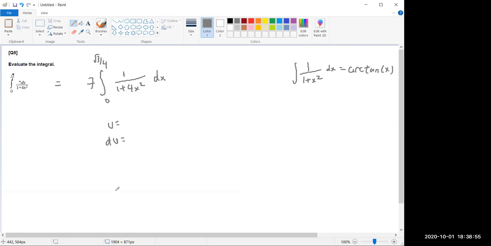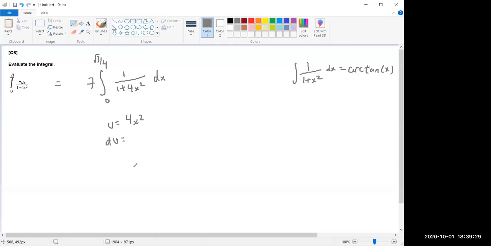U equals 4x squared, 2x. Which one is it? 2x, x squared. That's a lot of answers. We want the final form to be 1 plus something squared, right? Let's see what happens if we choose u to be 4x squared.